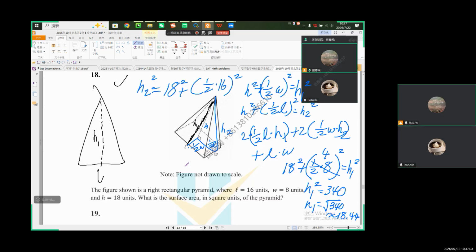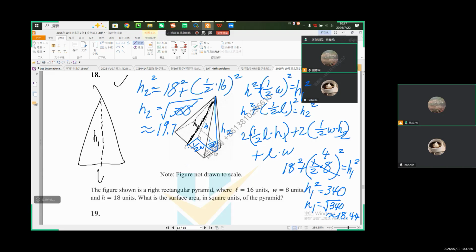As long as you can find H1 and H2, I think the picture is pretty clear then, right? Yeah, I think it's pretty clear. Okay, sure. For this kind of question, for the pyramid, just remember there are several heights.